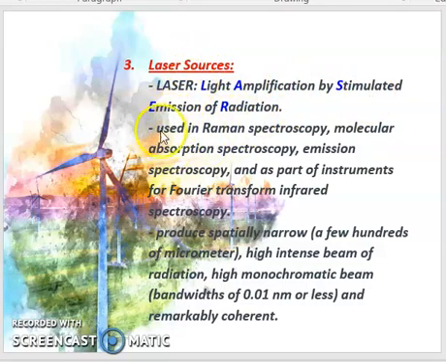This lamp is used in Raman spectroscopy for molecular absorption analysis, emission spectroscopy, and as a part of the instrument for Fourier transform infrared spectroscopy. This laser source produces a very narrow band, up to a few hundred micrometers, with high intensity of beam and a highly monochromatic beam.